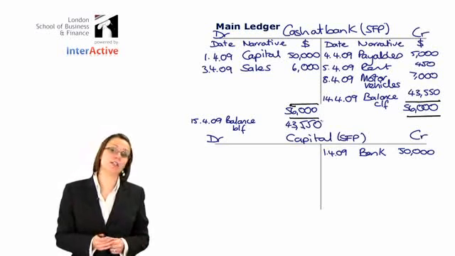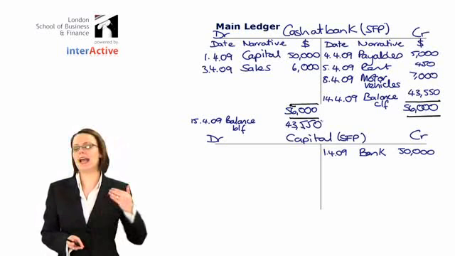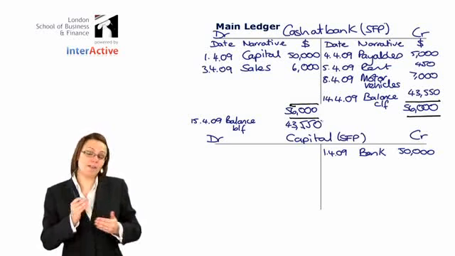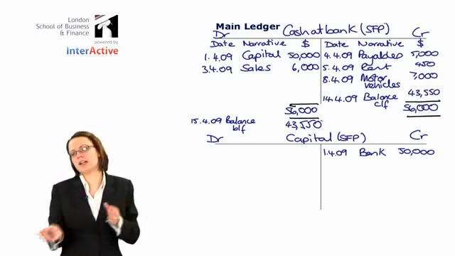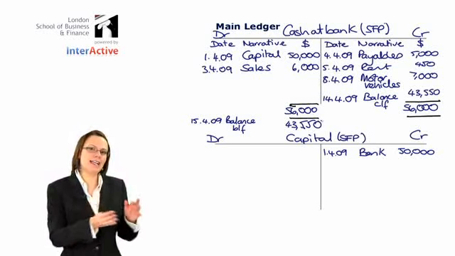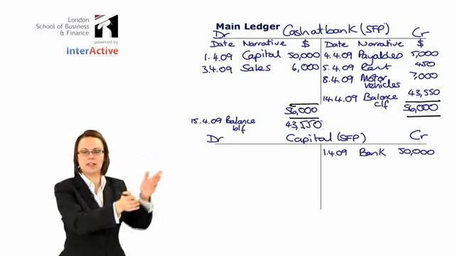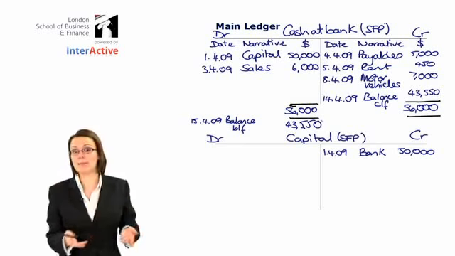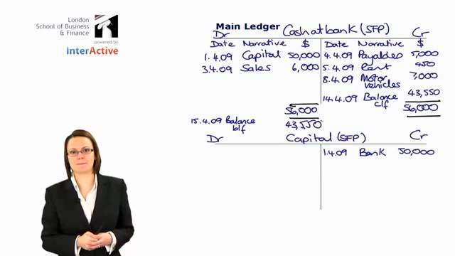Notice that the opening balance is on the debit side. That would tell you that that is an opening asset. So any opening balances, if it's an opening balance on an asset account, that idea of dead click will always apply. An asset is under the D of dead click, which represents debit. So a debit opening balance on an asset account, well, that means it's an opening asset. He has cash at bank.